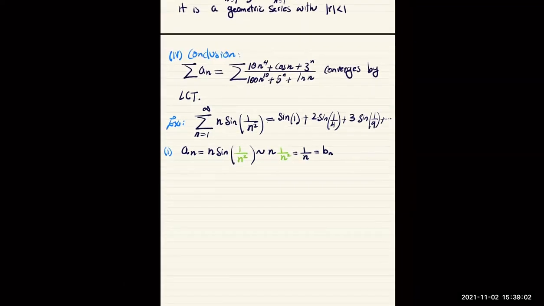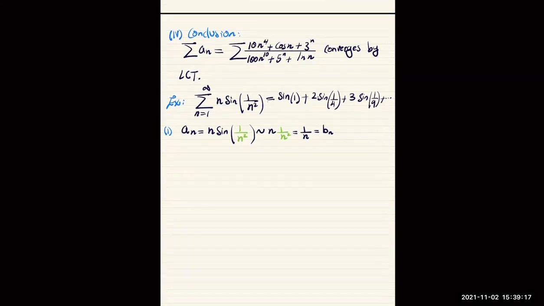So guess what? Our sequence compares to the harmonic sequence. So we can compare this series to a harmonic series. This series in the long run behaves like a harmonic series. You have to say why. It's because, step 2, the limit as n goes to infinity of a sub n over b sub n is equal to 1. Do I need to show this?